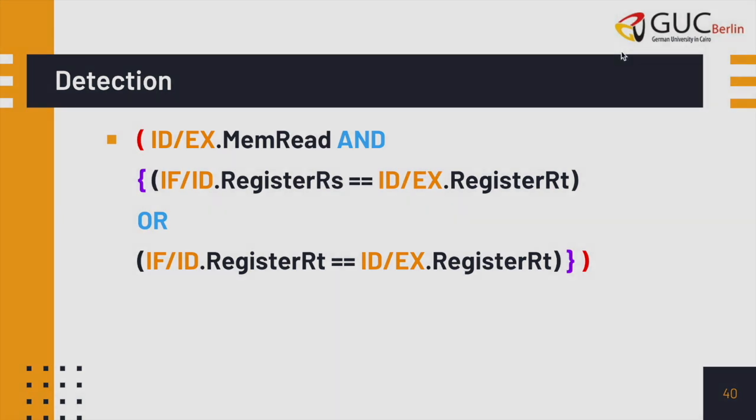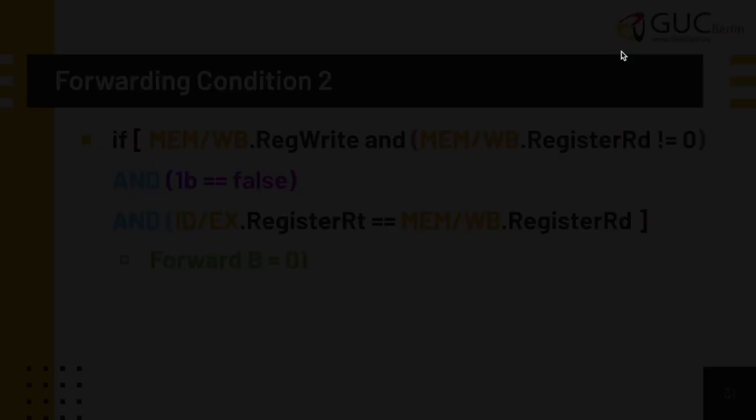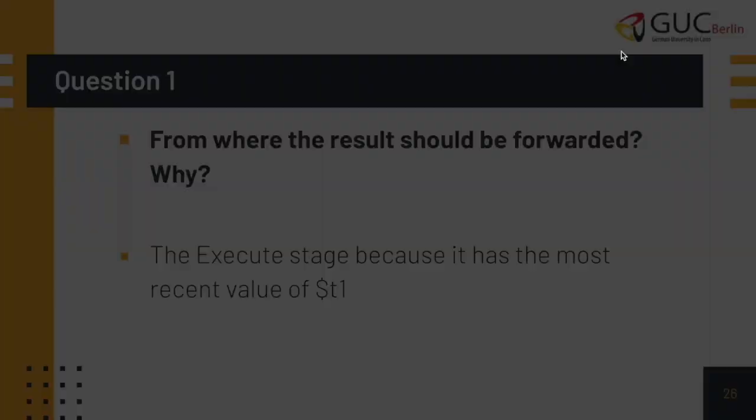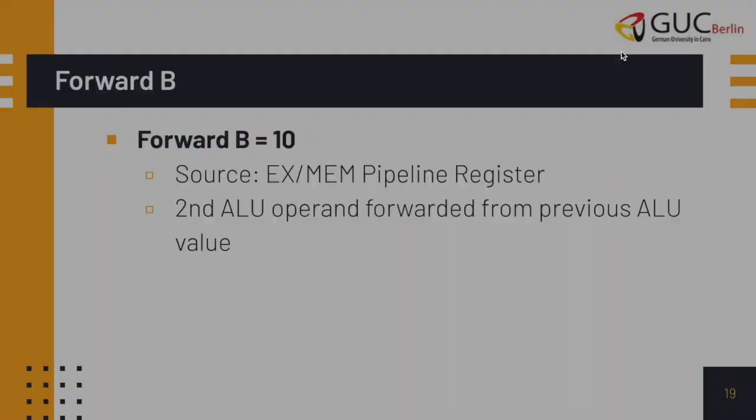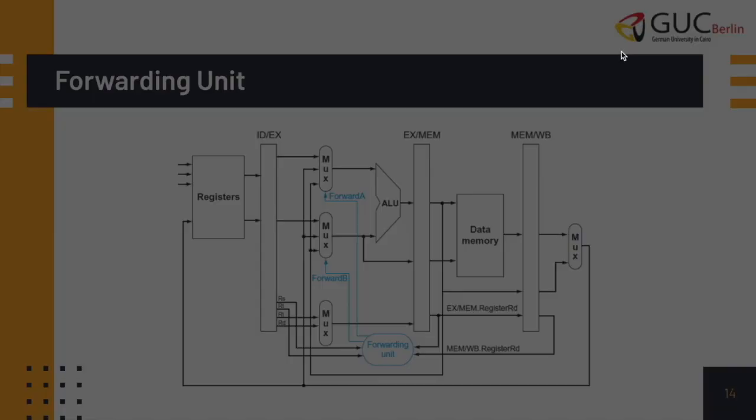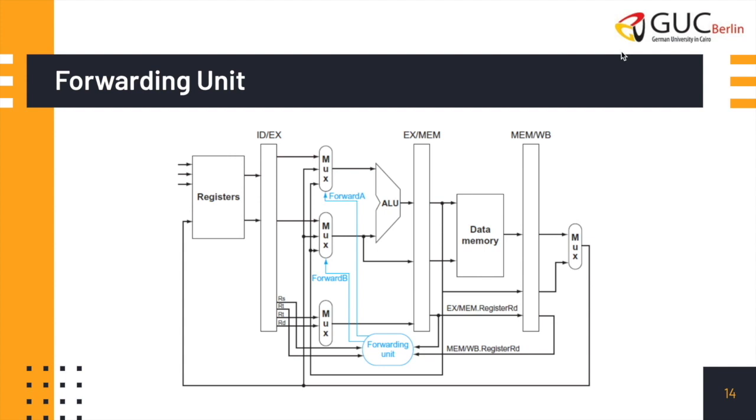Okay? So even in the forwarding unit, when we checked for R-type data hazards, if we check the data path implementation of the forwarding unit, we will find that when I talked about having 3 instructions, n, n plus 1 and n plus 2, instruction n will be starting the write back stage, so it will be after this pipeline register, and instruction n plus 1 will be in the memory stage, after this pipeline register, and instruction n plus 2 will be in the execute stage after this pipeline register.